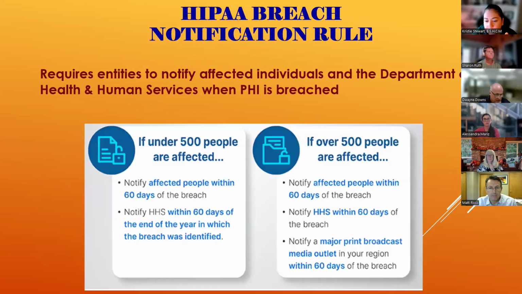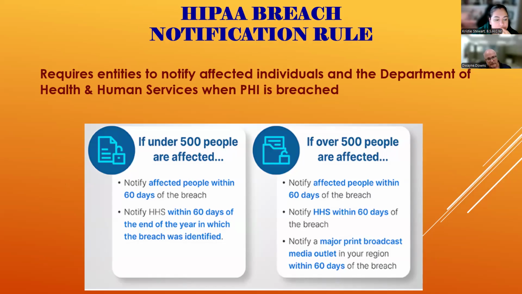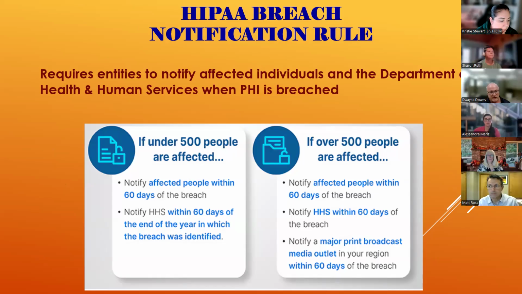Okay, so the HIPAA breach notification requires entities to notify affected individuals and the Department of Health and Human Services when PHI is breached. Okay, so if we look on the left side of the picture here, if under 500 people are affected, you need to notify affected people within 60 days of the breach, and notify HHS within 60 days of the end of the year in which the breach was identified.